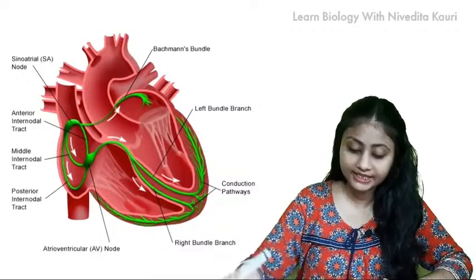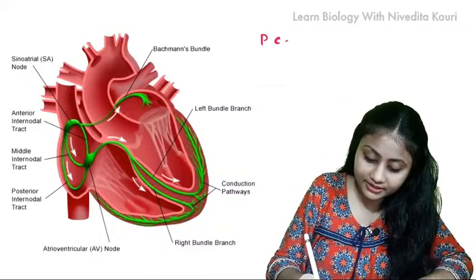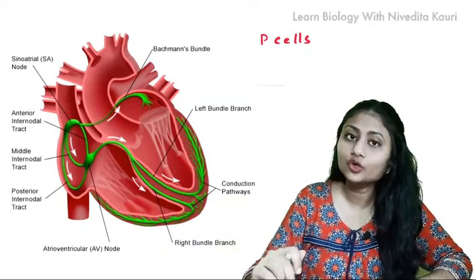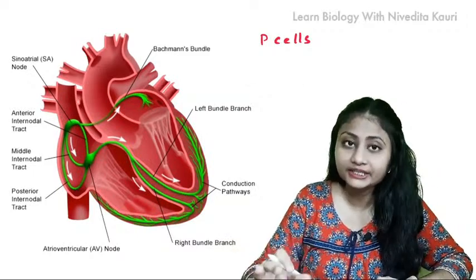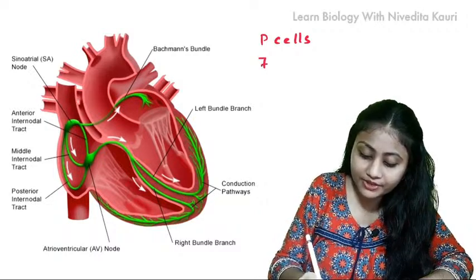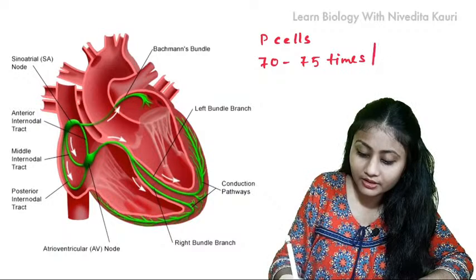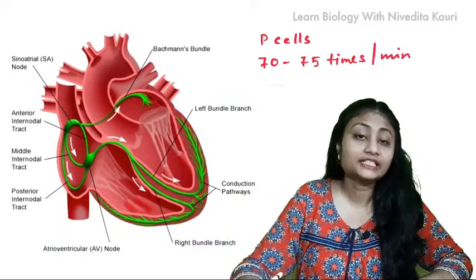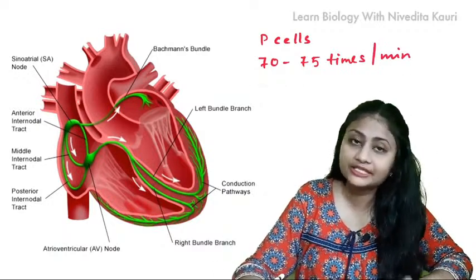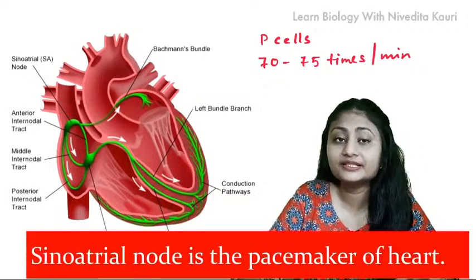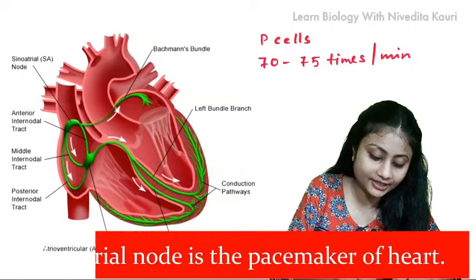The SA node contains P cells or the pacemaker cells. The P cells are auto-excitable. They generate impulse at a rate of 70 to 75 times per minute and our normal heart rate is 72 times per minute. So, the normal heart beats according to the SA node.